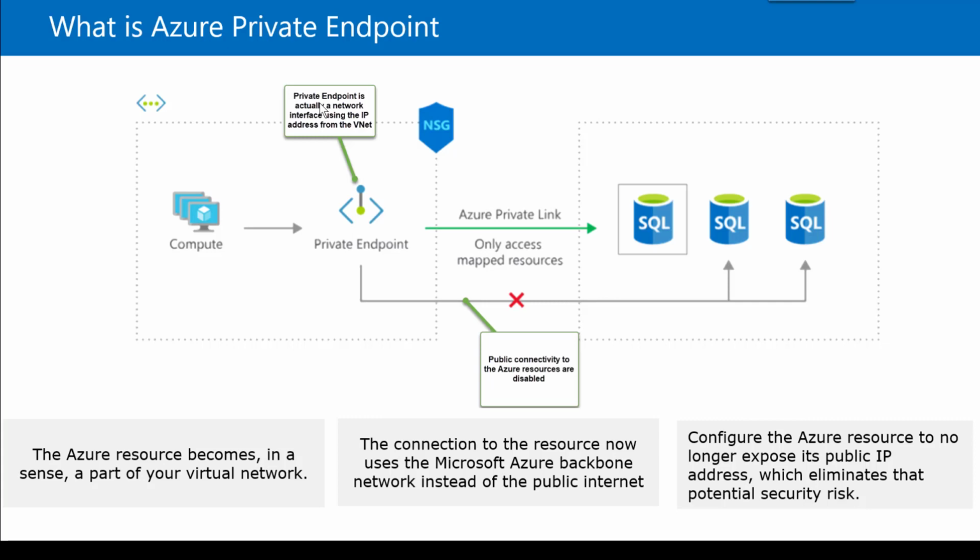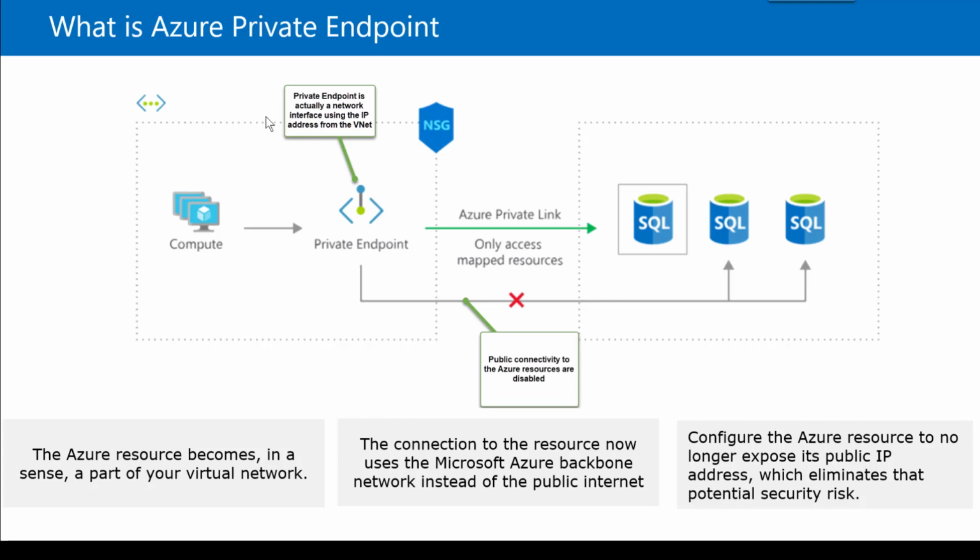Okay, so similarly, whenever you create a private endpoint, this private endpoint is nothing but a network interface, and it is created within the virtual network, which means that it is going to get one IP address from the virtual network address space, so that the machine can communicate via the private endpoint.